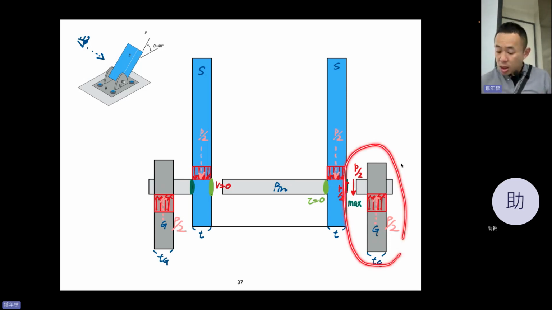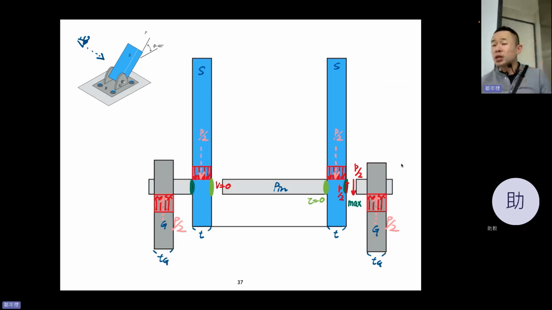So this part won't flow away. Although maybe you will say it looks like it will rotate. Exactly, actually it will rotate, but in the real world it's still in equilibrium. If we want to write it more correctly, I should draw a moment here.